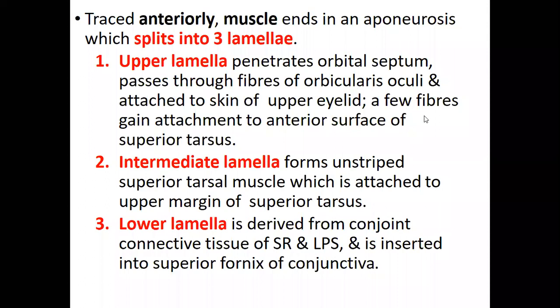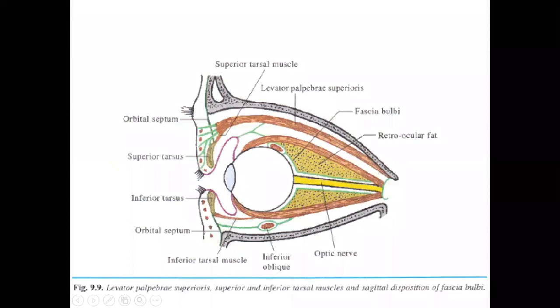A few fibers gain attachment to the anterior surface of the superior tarsus. So the upper lamella penetrates the orbital septum, passes through the fibers of orbicularis oculi and is attached to the skin of upper eyelid. A few fibers gain attachment to the anterior surface of the superior tarsus. This green color is the upper lamella.